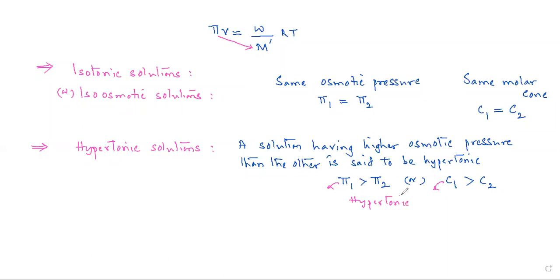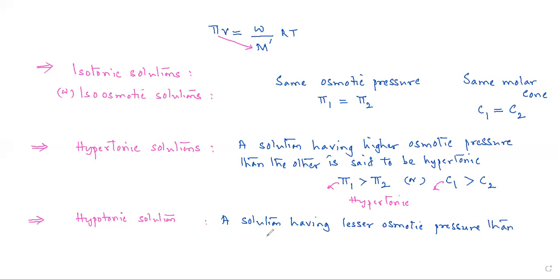The other one, which has lesser osmotic pressure, of course, is said to be hypotonic. Hypo, less. A solution having lesser osmotic pressure than the other is hypotonic.